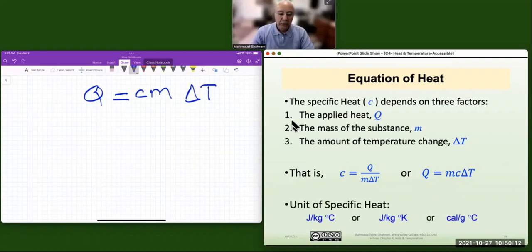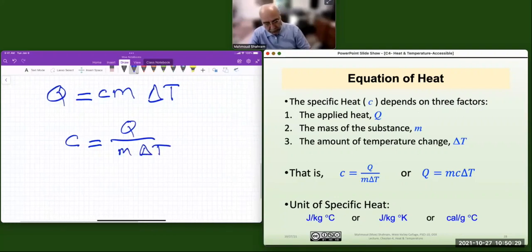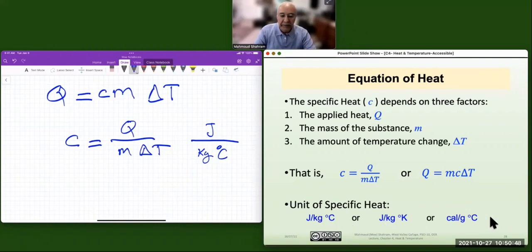All right? So what is the unit of this C? C in this case is Q over M delta T. The unit for heat is joules, the unit of mass is kilogram, and the unit for temperature or change of temperature is degree C. It could be Kelvin, or you can write it in Fahrenheit.